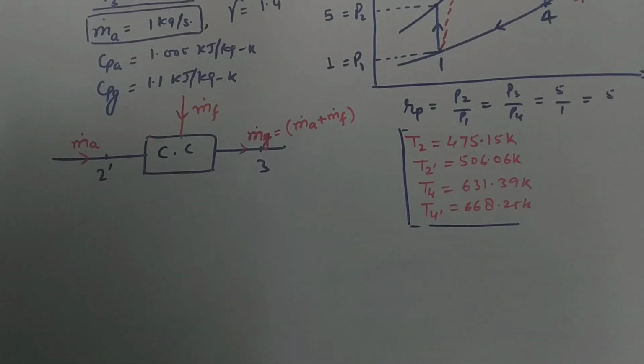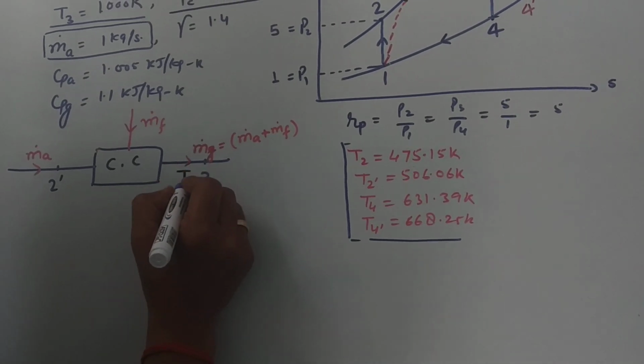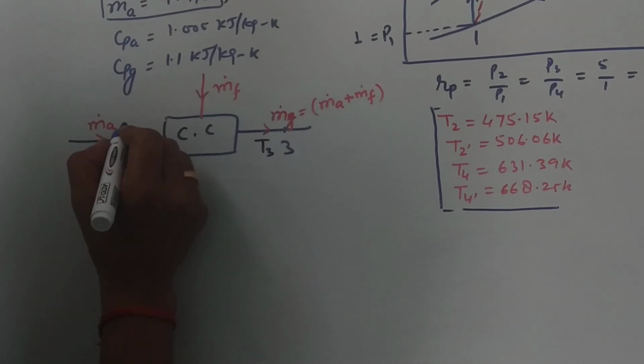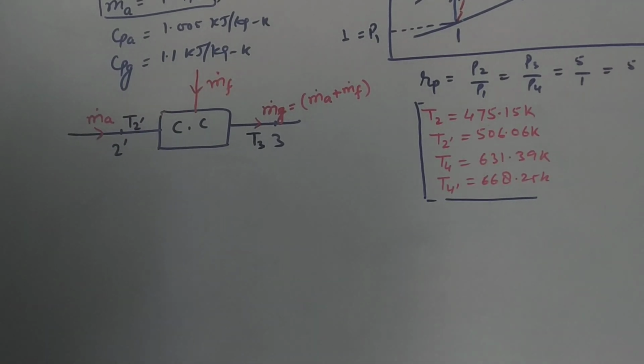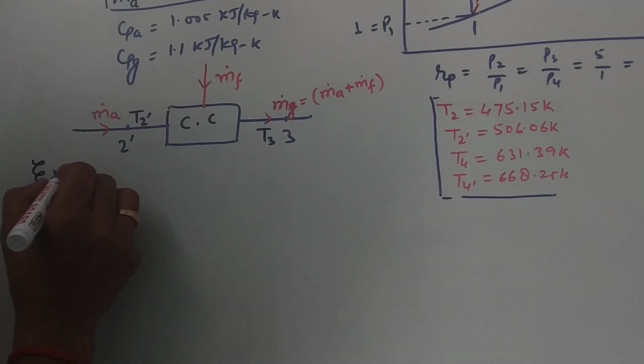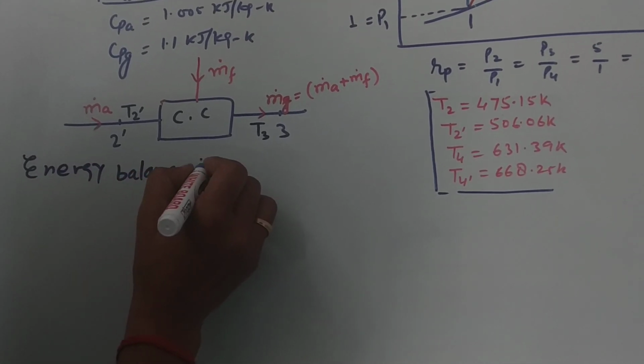Okay, so at point 3 we have temperature T3. At point 2 dash the temperature is T2 dash. So we have to write the energy balance in the combustion chamber.